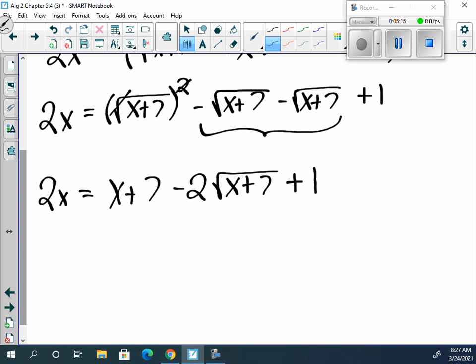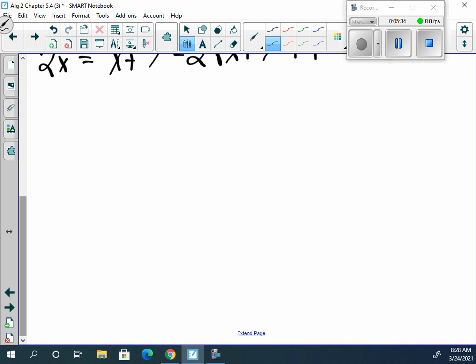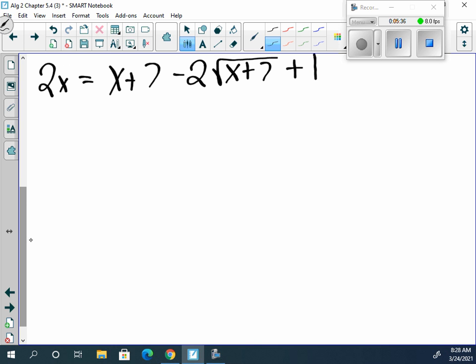This is what I was talking about. We started out with having two radicals. We squared both sides. Now we have an equation with one radical. So we have to go back to the top of the steps, and get the radical by itself, or at least close to it. Now I can combine some like terms.